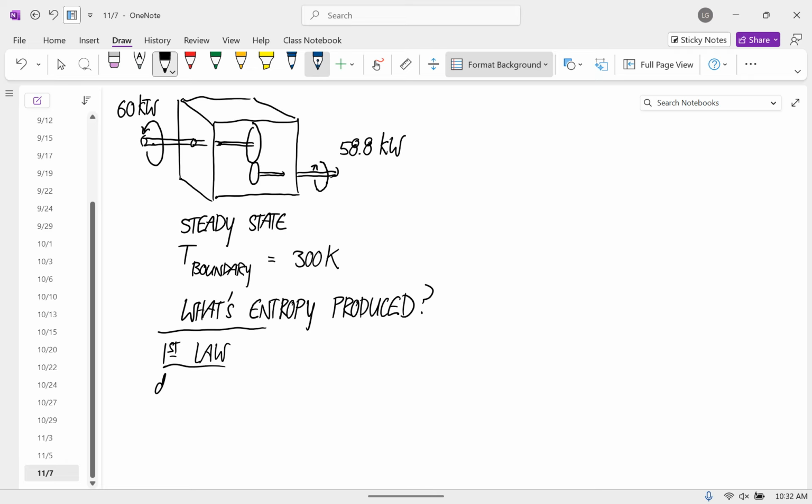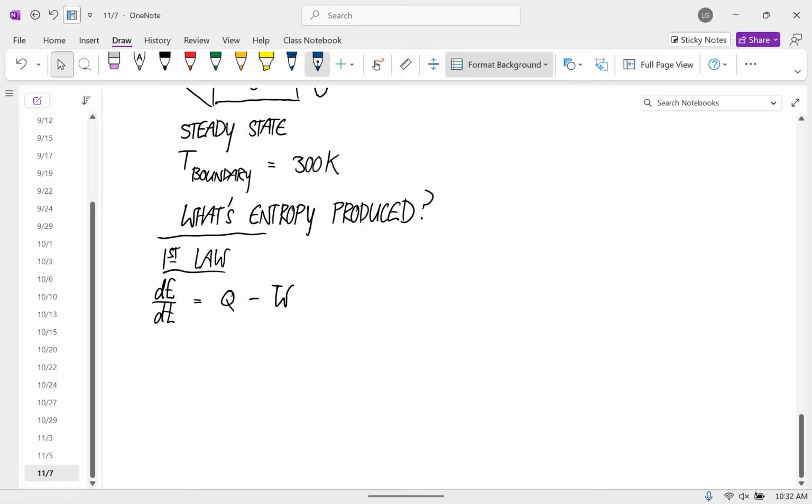We know that dE/dt is equal to Q minus W. This is steady state, so dE/dt is equal to 0. These should be dotted. Those are rates. And so Q dot is equal to W dot. Okay, so that's just from steady state.